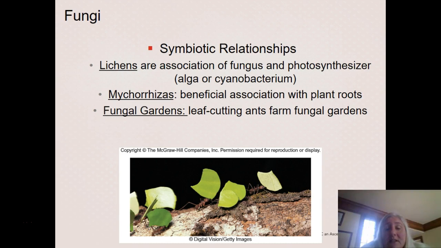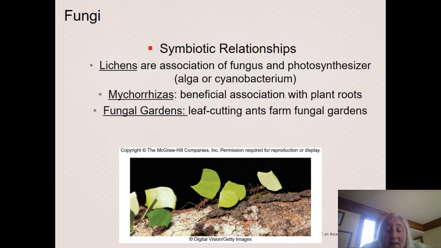Mycorrhizas are special associations, mutualistic symbioses between plants and fungi. So the fungi grow directly into the plant roots, and then they give nutrients. As the hyphae suck in nutrients, the plants gain nutrients as well.